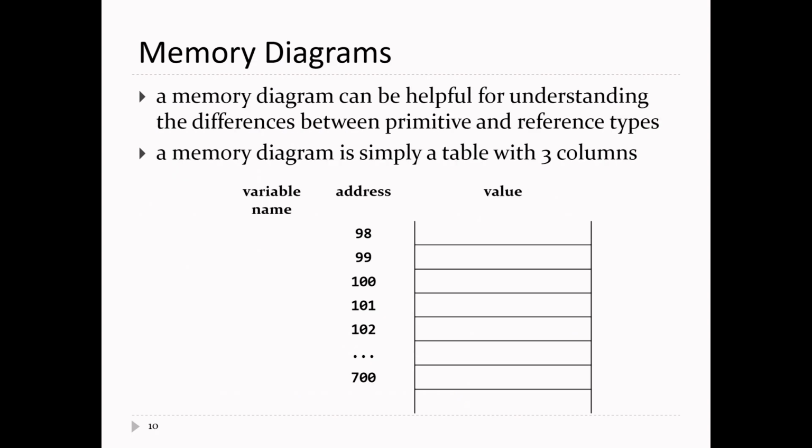All right, so to make this clear, you can sketch out what's called a memory diagram. A memory diagram is just a table. It's got 3 columns, and it's supposed to be a picture of what's in memory. In our right-hand column, we've got something called the value.